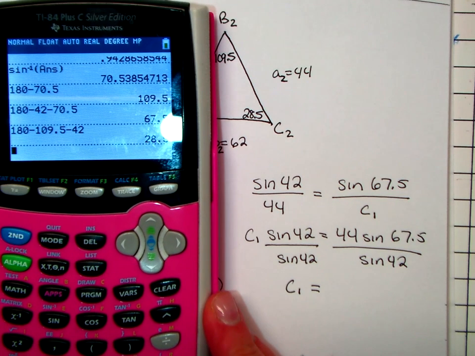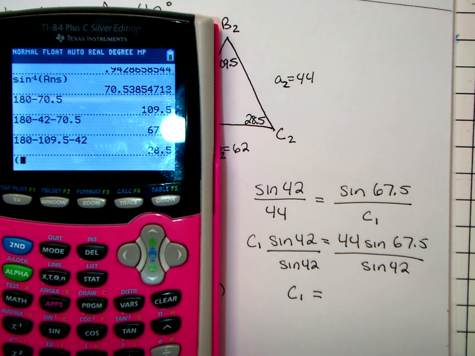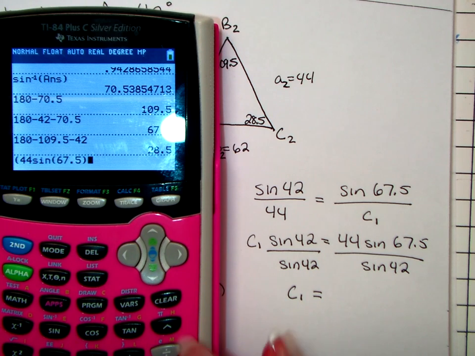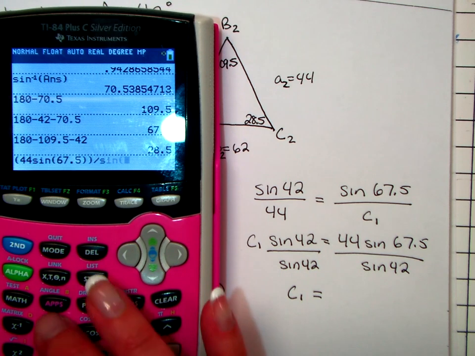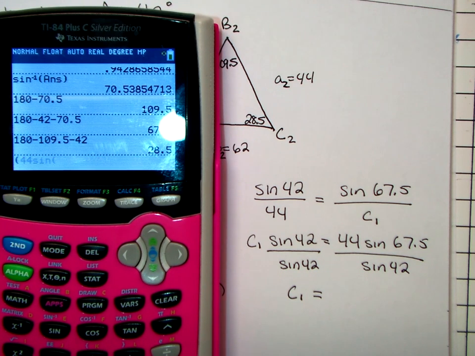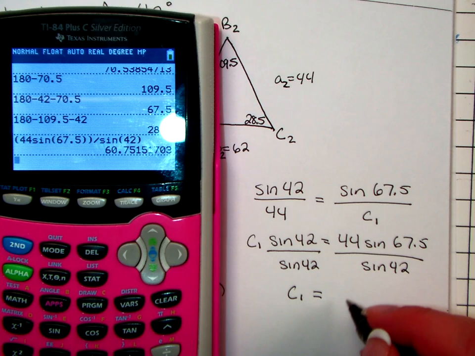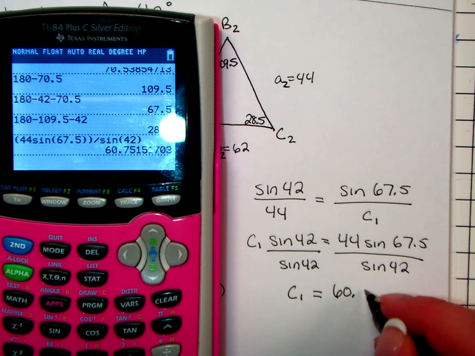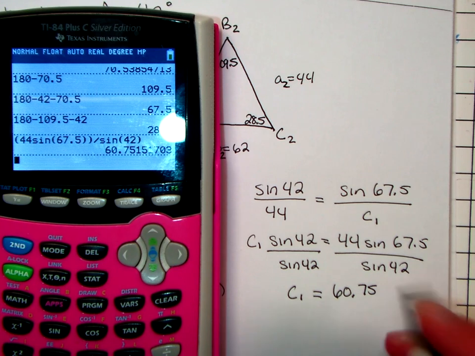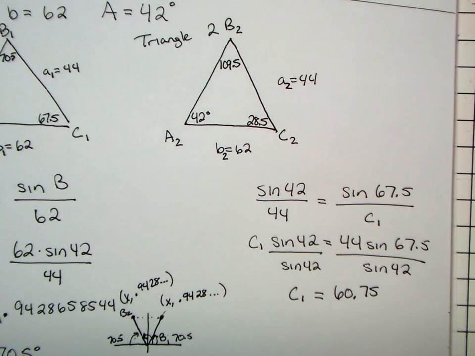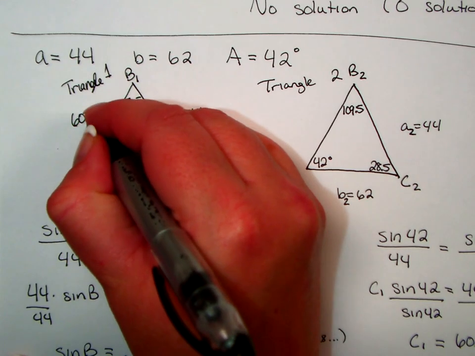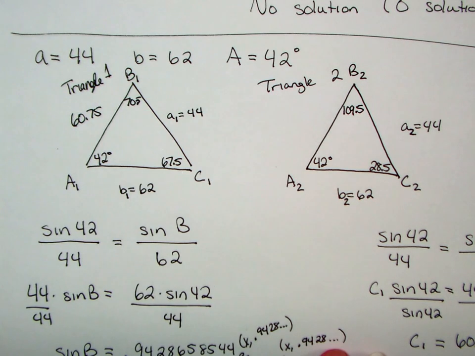All right, so parentheses, 44 sine 67.5 divided by sine 42 is 60.75. Right? So I'll label that. So triangle 1 is done.